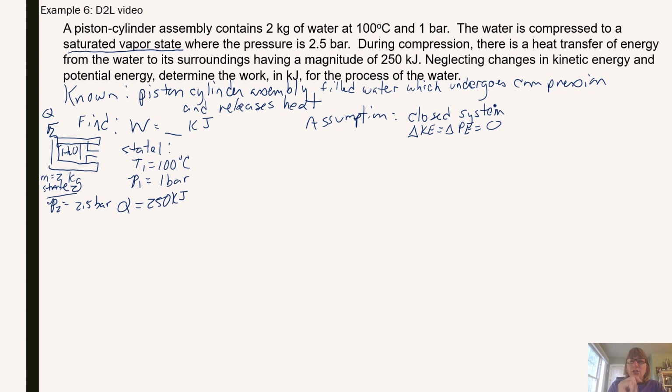All right. So if we look at our energy balance, and with our assumptions, we know that kinetic energy and potential energy are 0. So this term here, heat, is given. We're asked to find the work, so that's what we're looking for.